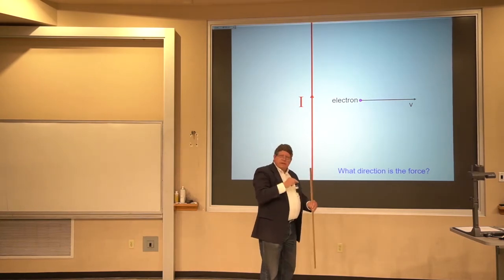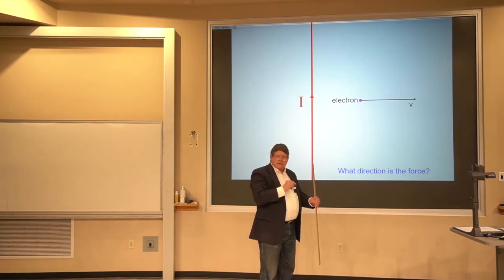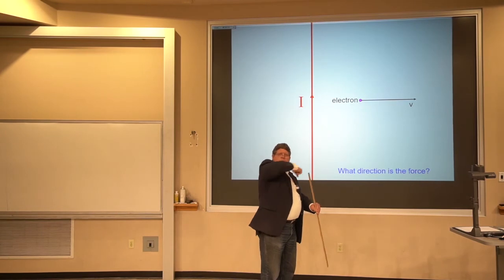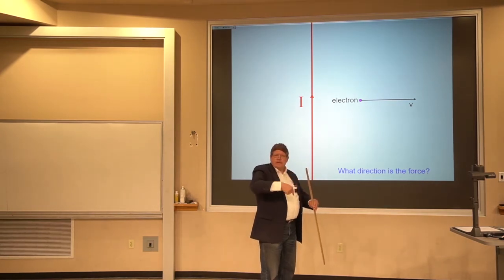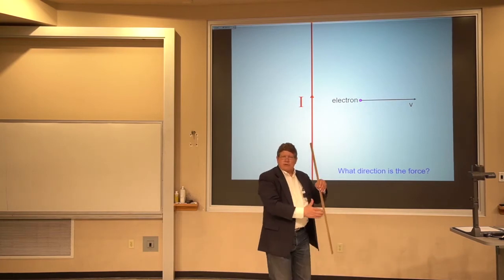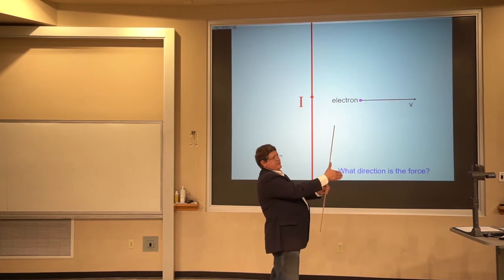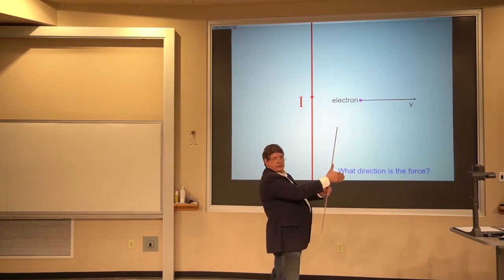We know that the B field lines, the magnetic field, make circles around that straight wire. But we can never remember which way those circles rotate. Okay? And that's what we use our right hand for in right hand rule number 2. We use the straight part of our hand to represent the current.